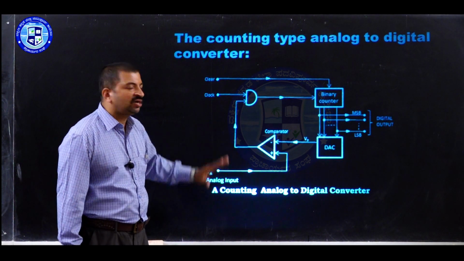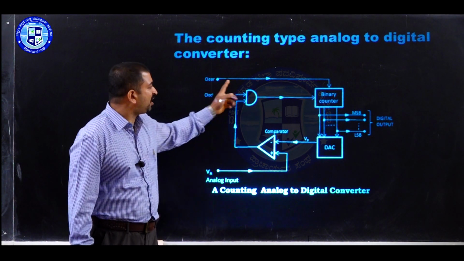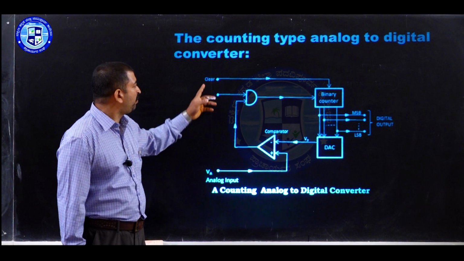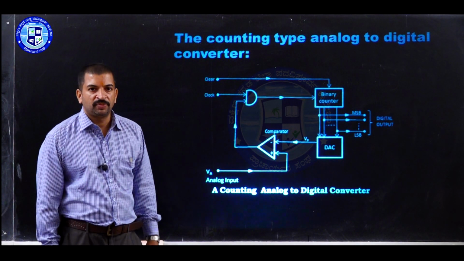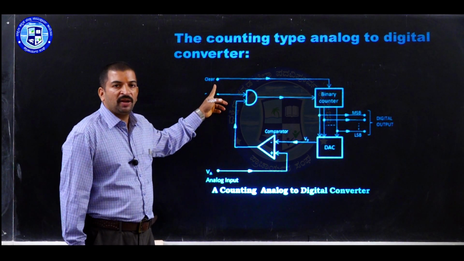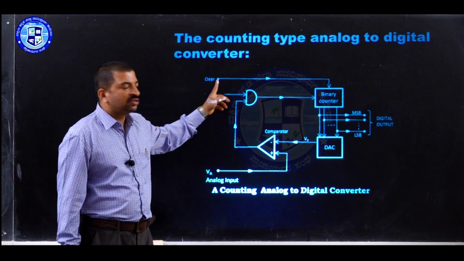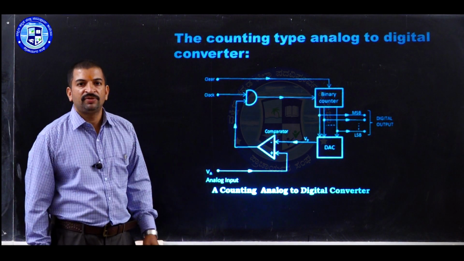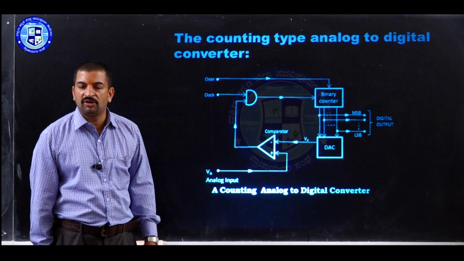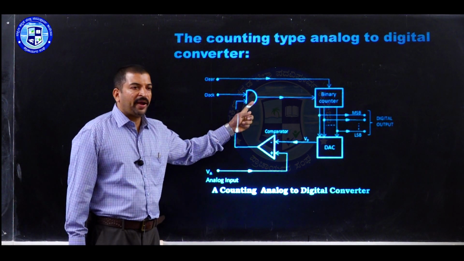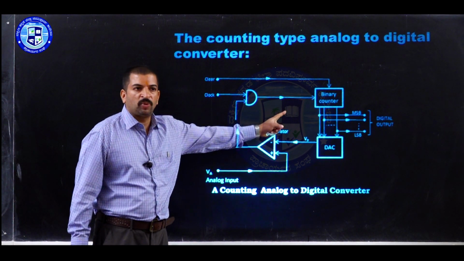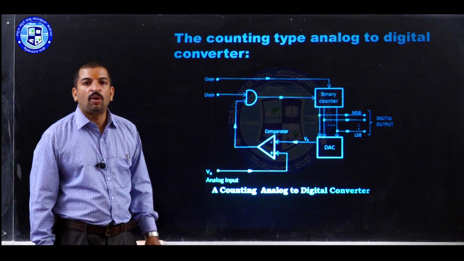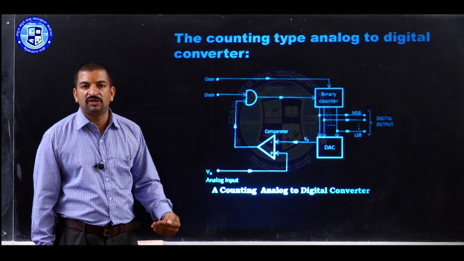Now, before starting the sequence, we can reset the counter simply by using a clear pulse. So, once a clear pulse is applied to the circuit, the counter is reset. The initial value becomes 0, 0, 0, 0. Now, when the AND gate produces a high output, the counter counts up, that is 0, 0, 0, 1.